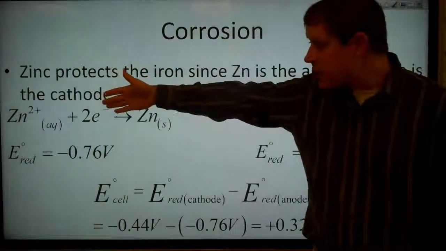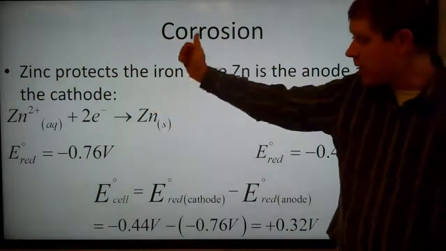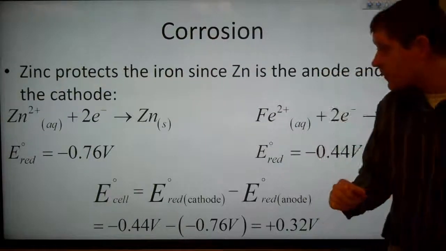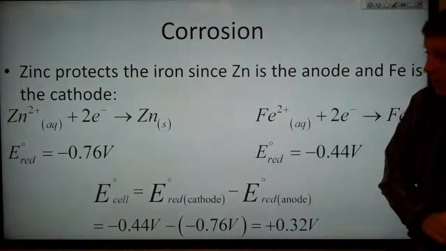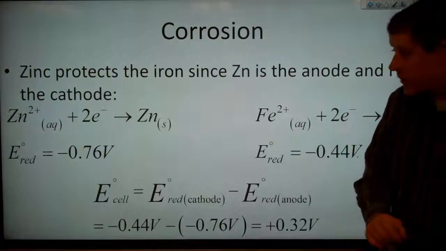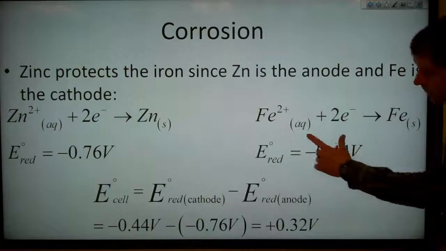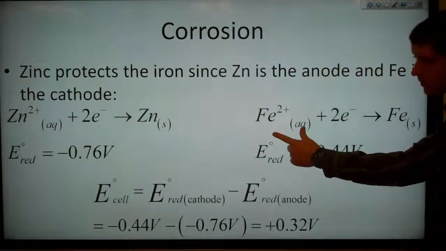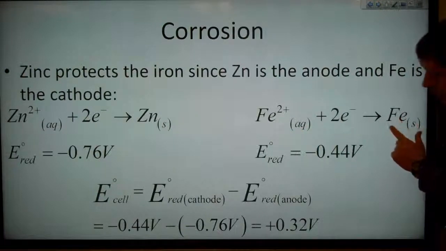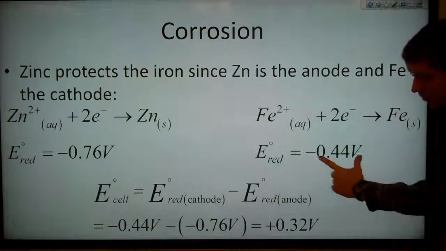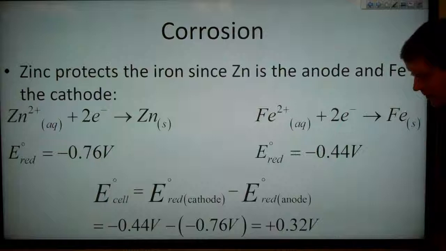So we've got zinc 2+ plus 2 electrons goes to zinc solid with a standard reduction potential of negative 0.76 volts. The iron is being reduced from iron 2+ to iron 0 with a standard reduction potential of negative 0.44 volts.